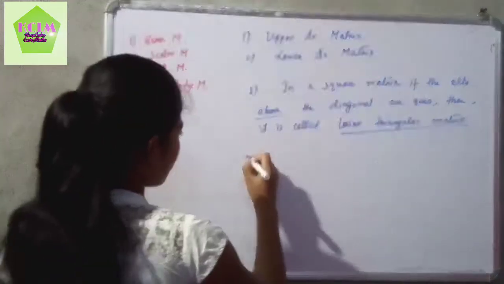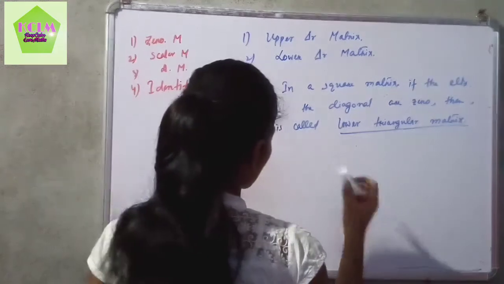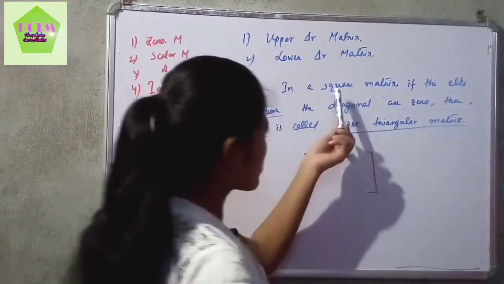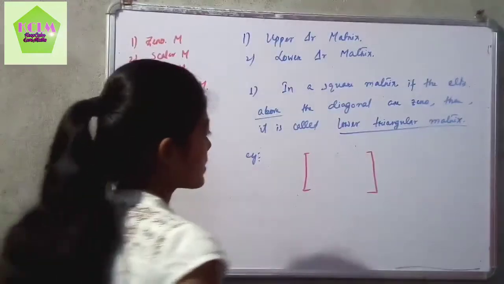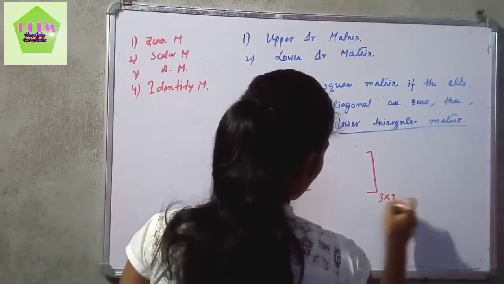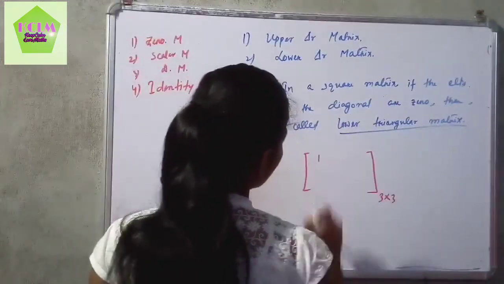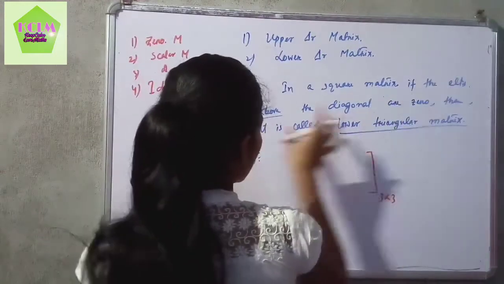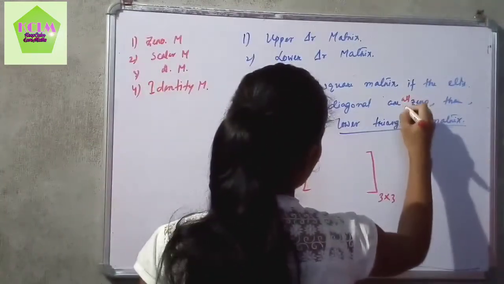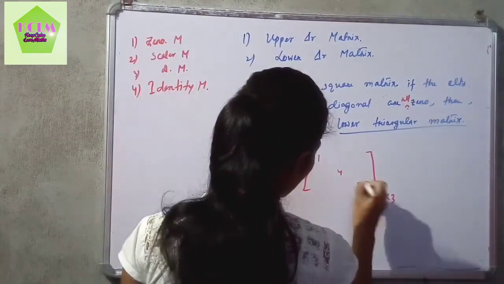Example is, suppose here is a square matrix. We have to take a square matrix only. Suppose this is a 3 by 3 matrix. If the elements above the diagonal are all 0, suppose the diagonal is 1 4 5.